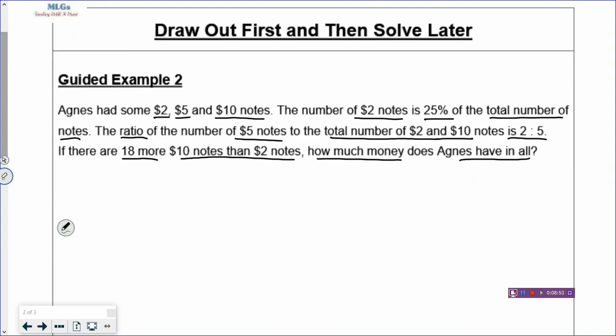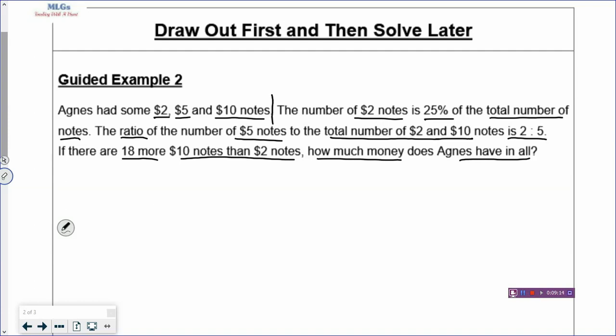So what I will do now is always focus on the drawing. How do I know it's model drawing? Because there's a ratio, there's "more than," and you can even change the percentage into a fraction. All these are clues that tell you that you can draw a model. So Angus has some $2, $5, and $10 notes. What kind of model do I draw?